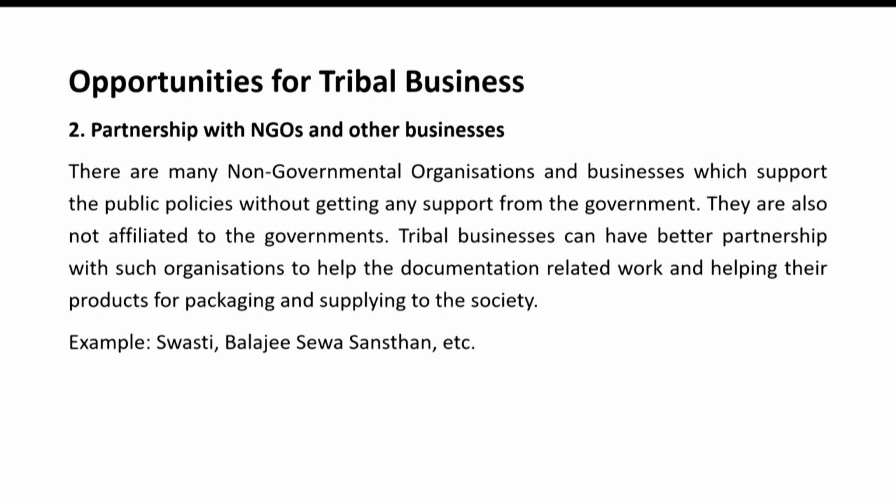There are two examples mentioned in this slide. One is Swasti and the other is Balaji Seva Sansthan, which are two such NGOs helping tribal businesses to provide their products from one location to another. Not only this, there are certain businesses which may be doing business for profit, but somehow helping the tribal community.